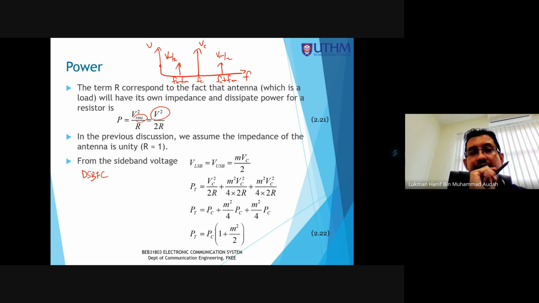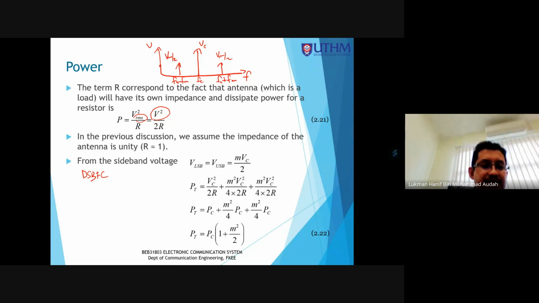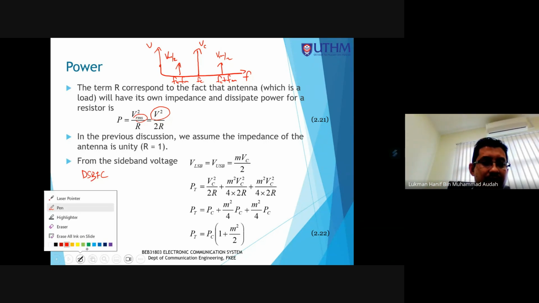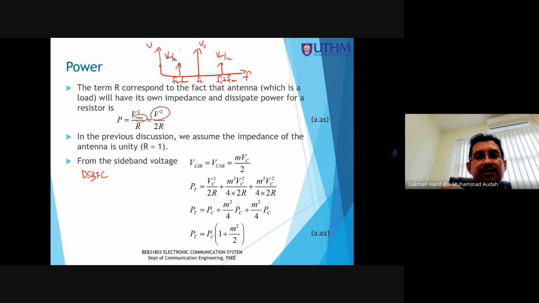Or you can also write it in terms of MVC over 2. If I use a different color, that means this is also MVC over 2.